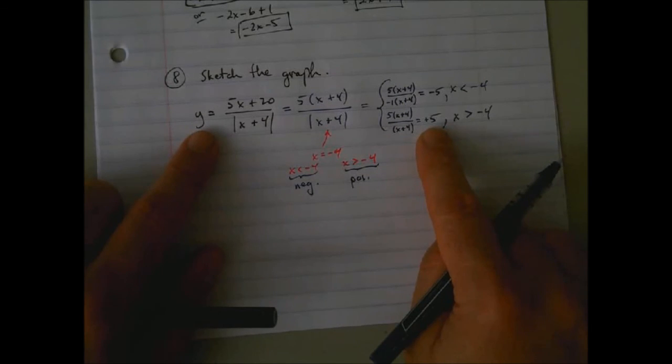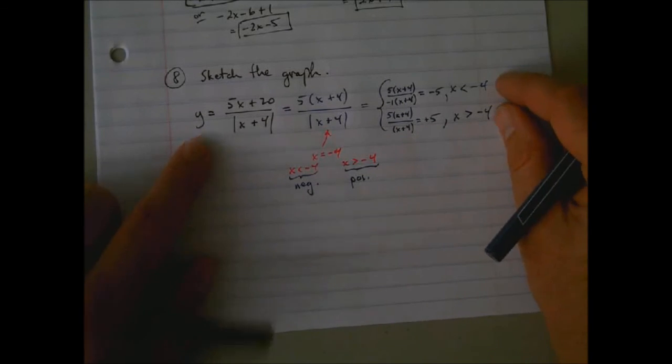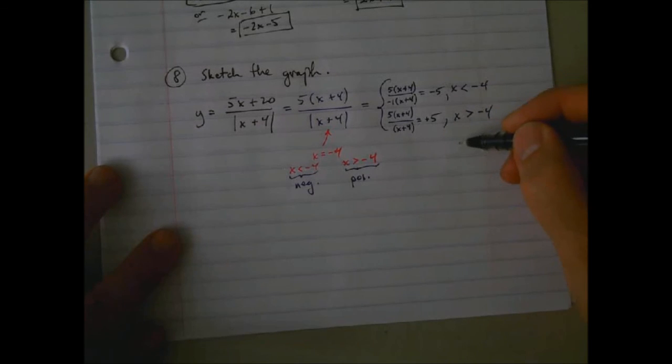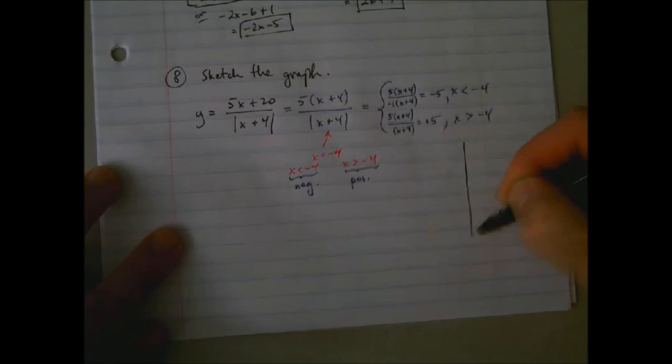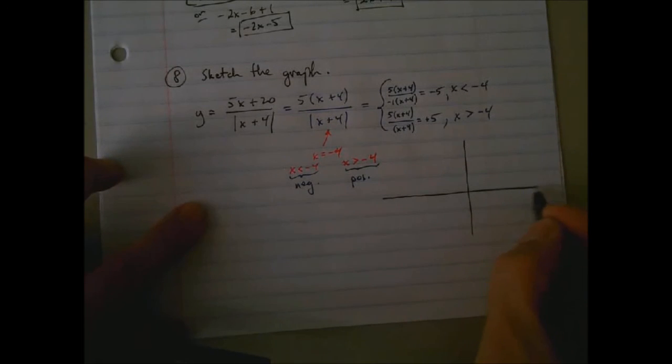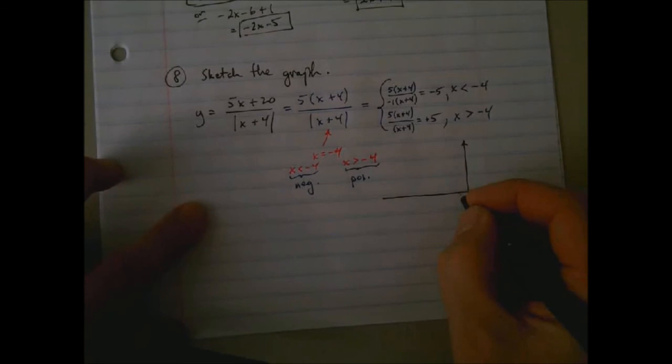Now, here are the domain restrictions, so don't forget about the domain restrictions. So if we did a quick sketch here, negative 4, and I need a positive 5 and a negative 5.